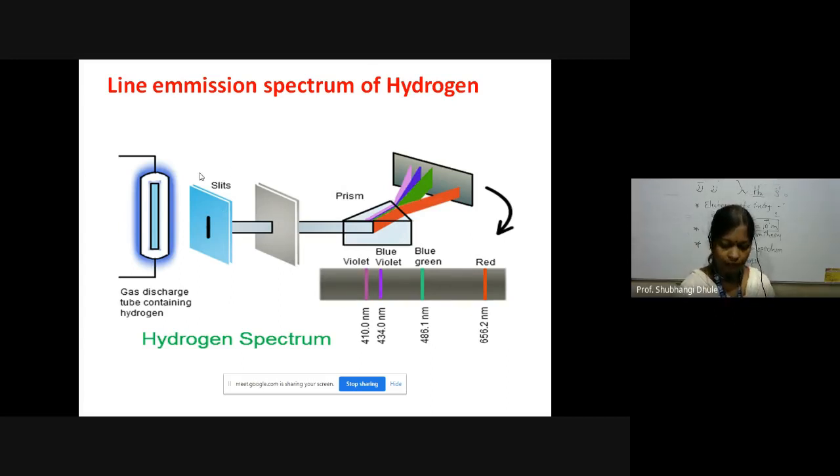In this experiment, line emission spectrum of hydrogen, many scientists have done this experiment. The hydrogen gas is filled in a discharge tube, and it is exposed to certain types of radiation. When it is irradiated, the hydrogen gas, composed of molecules and atoms, gets excited.